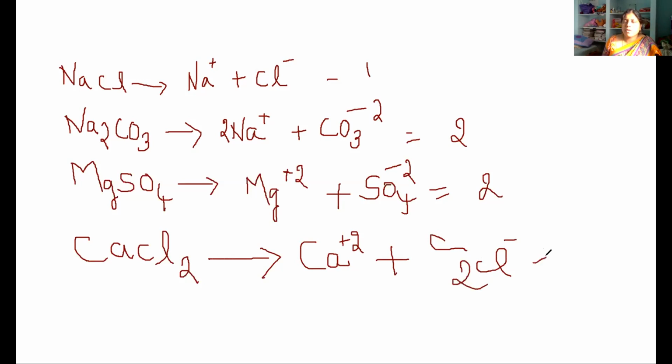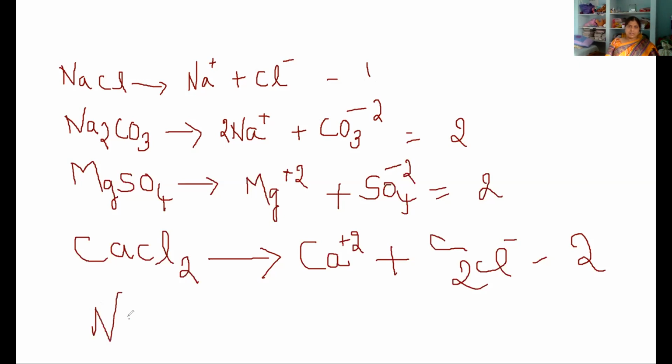So for 1 chlorine, 1 negative charge, 2 chlorines, 2 negative charges. So total charge on cation or anion, how much? 2. So you have to consider either the charge on cation or anion. So for NaCl, 1 charge. For Na2CO3, 2 charges. For MgSO4, 2 charges. For CaCl2, 2 charges. And nitrate, NaNO3.